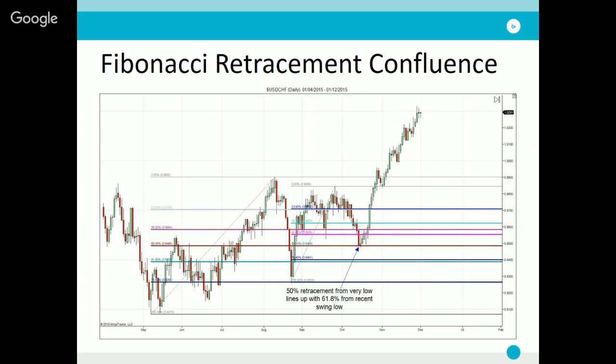simply looking for retracements of the dominant price move into key fib levels and looking for them to line up with structural levels, as we saw initially, or as we saw here, where there is confluence between different Fibonacci levels. And again, using elements such as price action or indicator signals to then get in and join the market as the trend resumes.